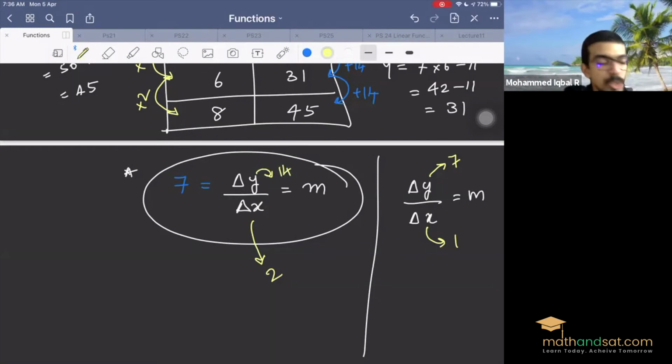So what we have just observed is consistent with what we have seen before. And your m, the number 7 in this case, is nothing but the ratio of change in y over change in x. Does that make sense?